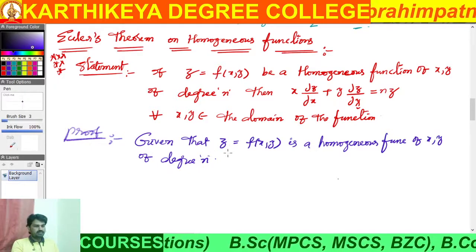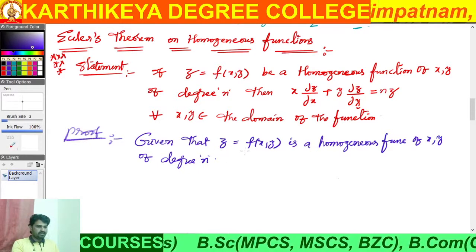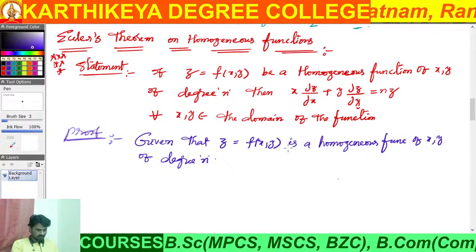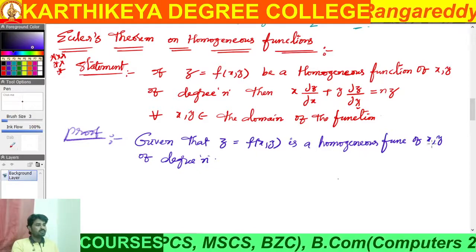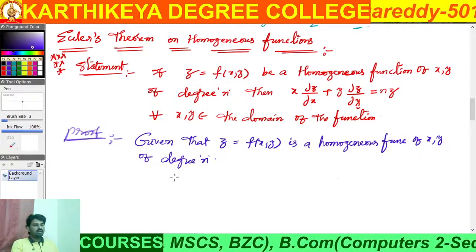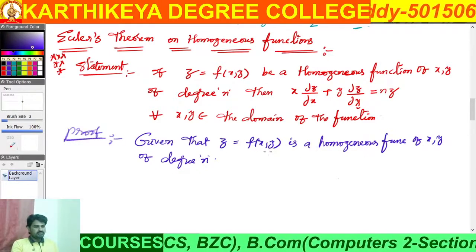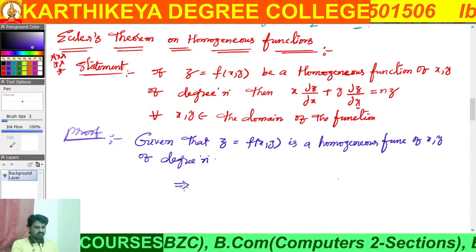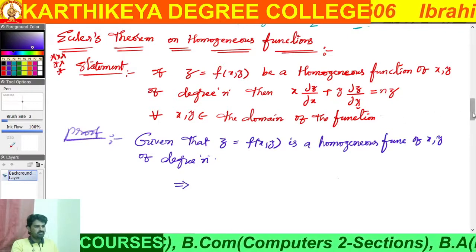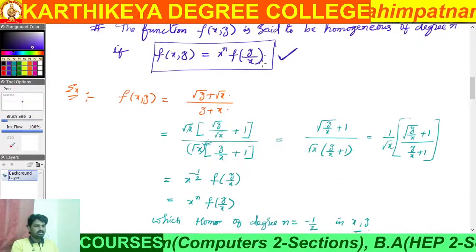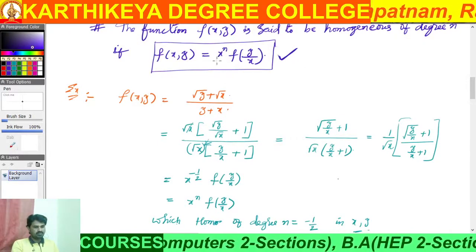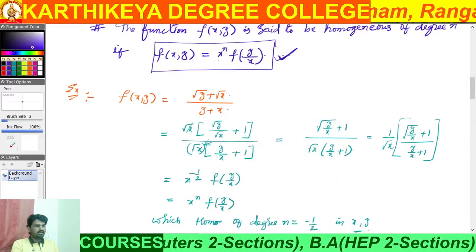For this, we have taken z is equal to a function in x and y, which is a homogeneous function, as I have already told you. When a homogeneous function is given, by the definition of homogeneity, it can be expressed in the form x to the power of n into f of y by x.